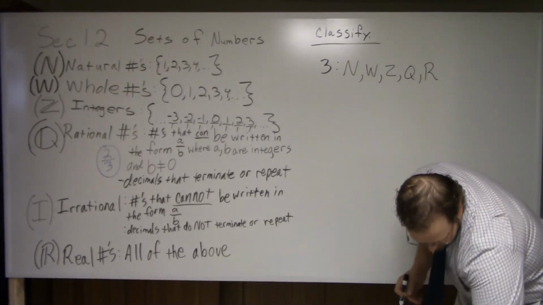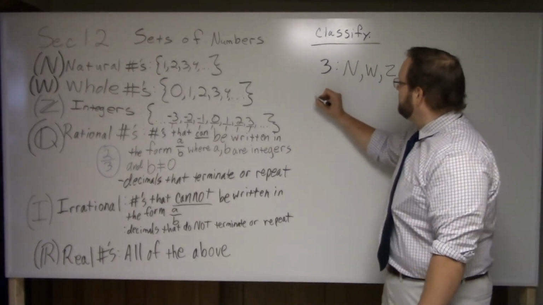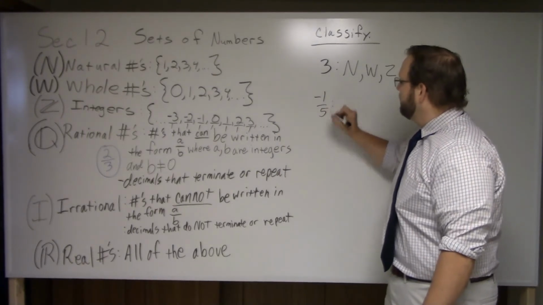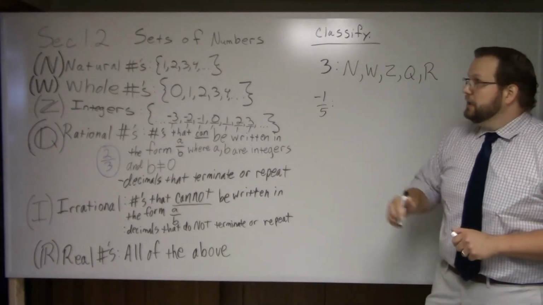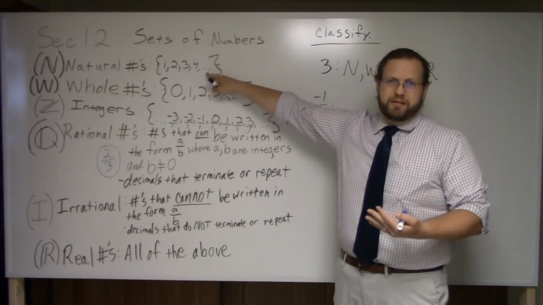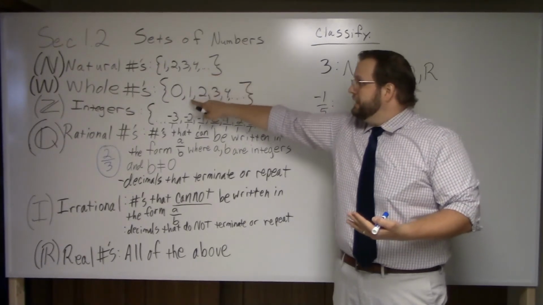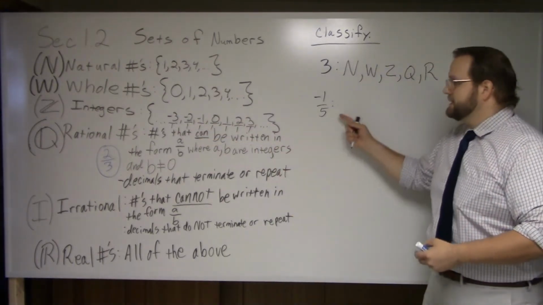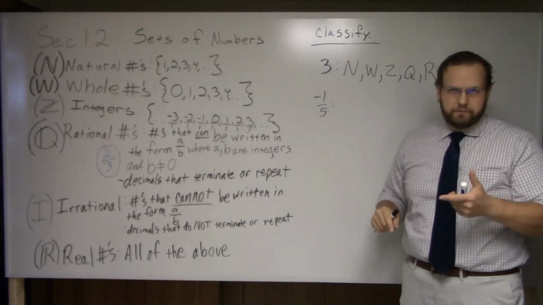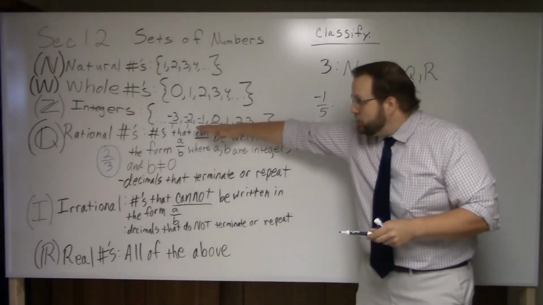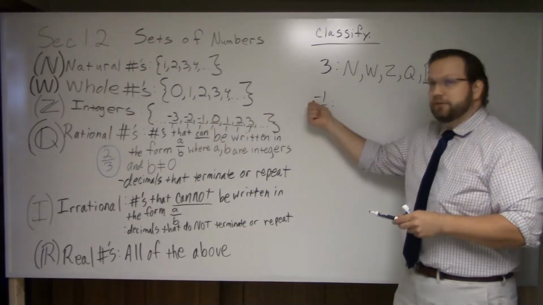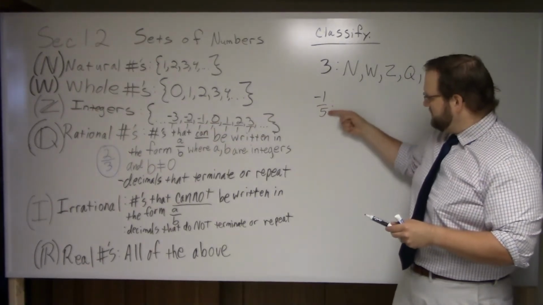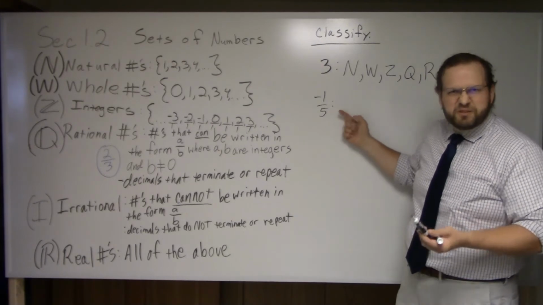Next, how about this? Negative 1/5. Now, I wouldn't count with a negative 1/5. It's not 0, so it's not whole. Now, integer, a lot of people want to say that this is an integer because it's negative. If all we knew were integers, the negative would make sense, but we would look and say, what's this 1 line 5? What is that?